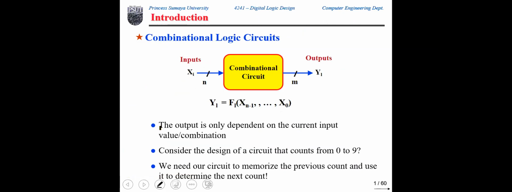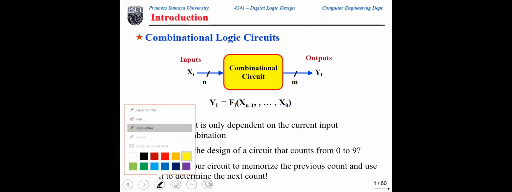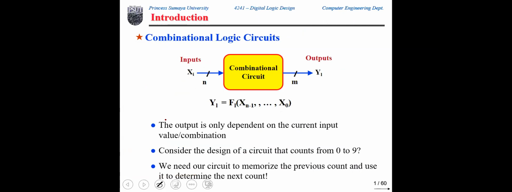And if you remember, when we started talking about combinational logic circuits, we said that they are circuits in which we have a certain number of inputs and a certain number of outputs. In this diagram, we have n inputs and m outputs. We said that each of these outputs is a function of the input value only, the current combination that appears on the input.